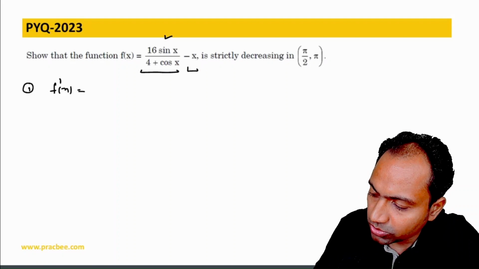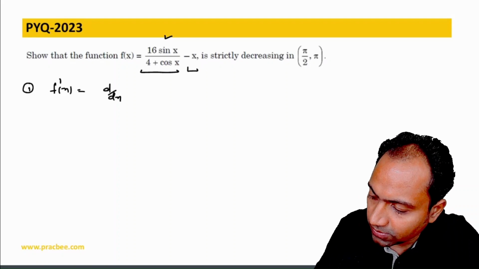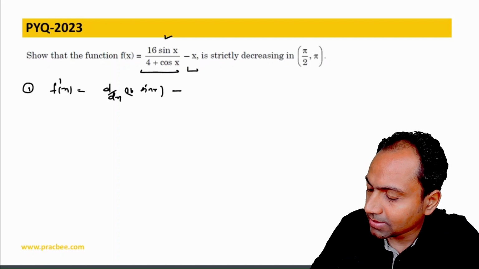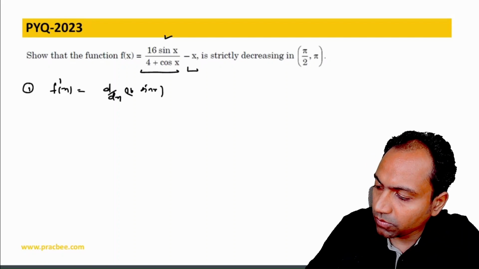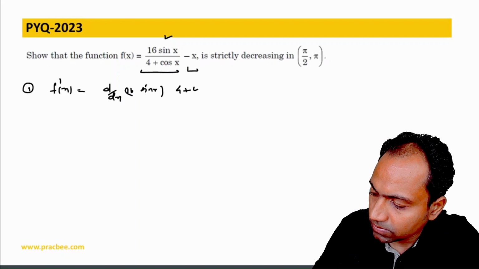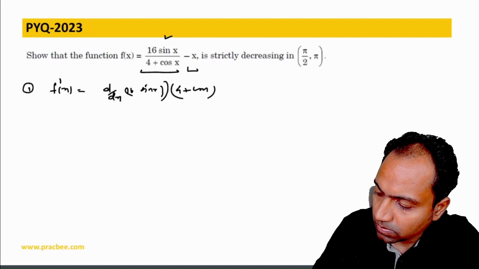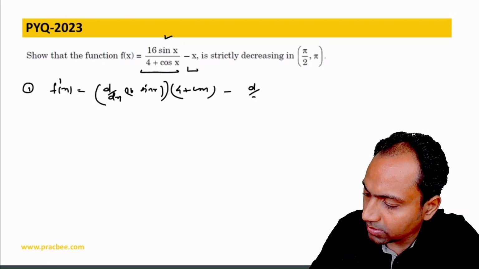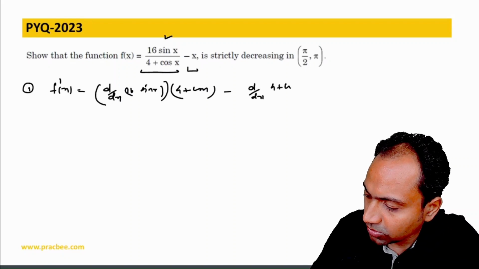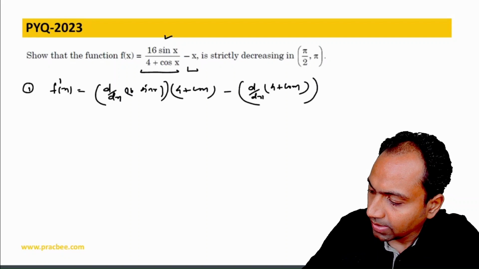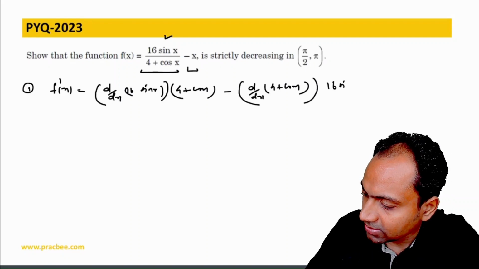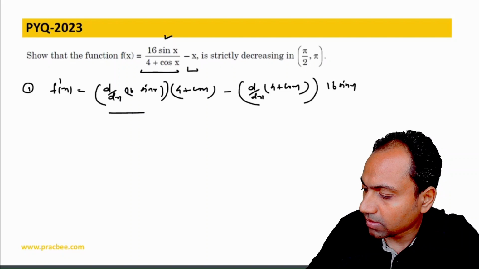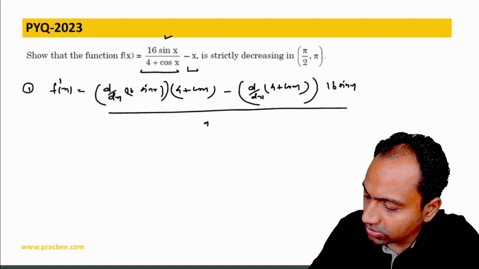So if I use my quotient rule, it is nothing but d by dx of 16 sin x into 4 plus cos x, minus the derivative of the denominator, that is d by dx of 4 plus cos x, into 16 sin x, divided by (4 plus cos x) whole square.